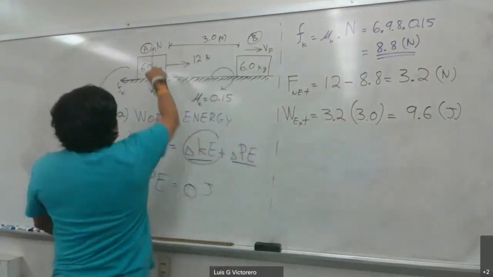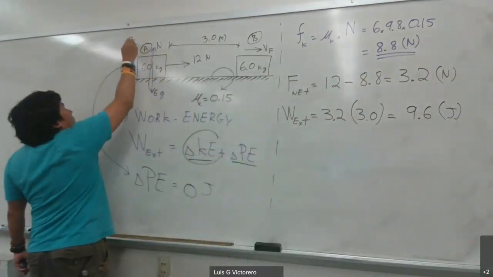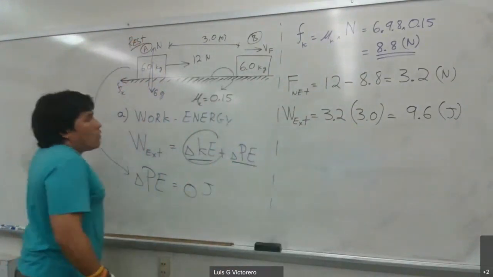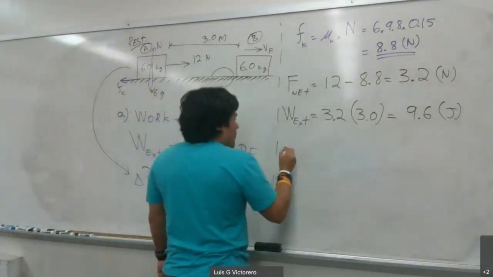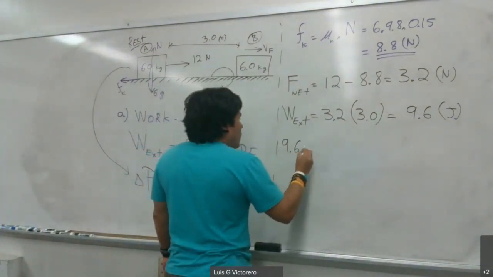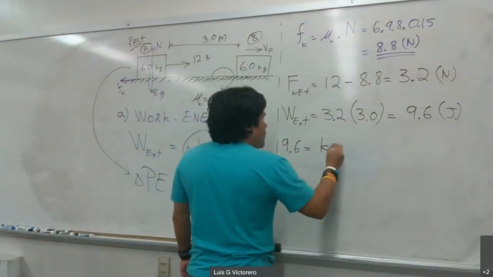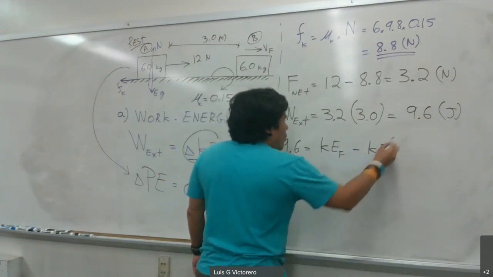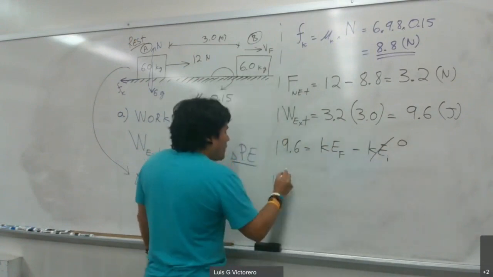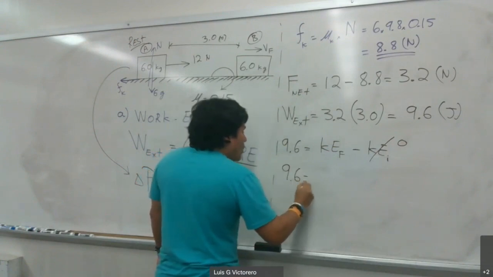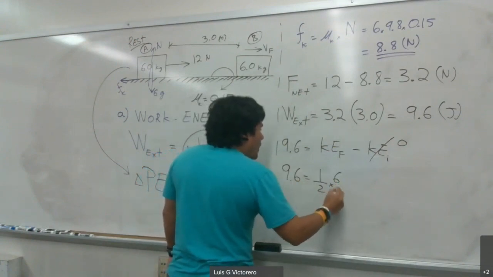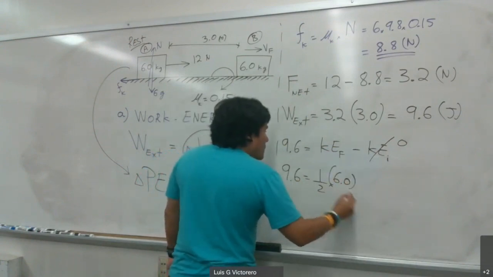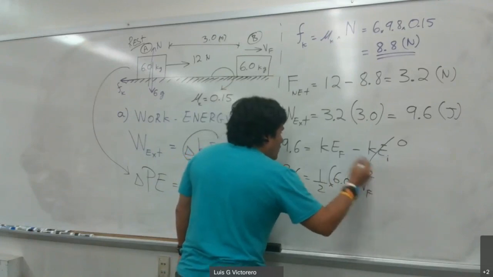It's at rest here. So that change, 9.6, will be kinetic energy final minus kinetic energy initial, which is 0. Kinetic energy final is one half of the mass times velocity final squared.